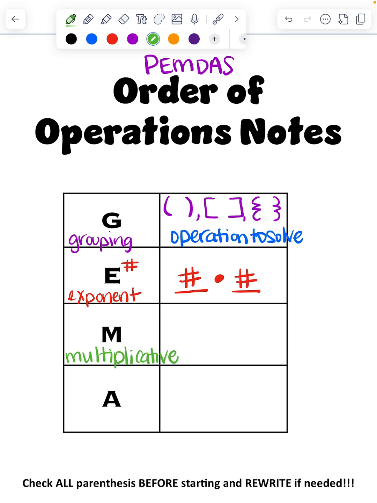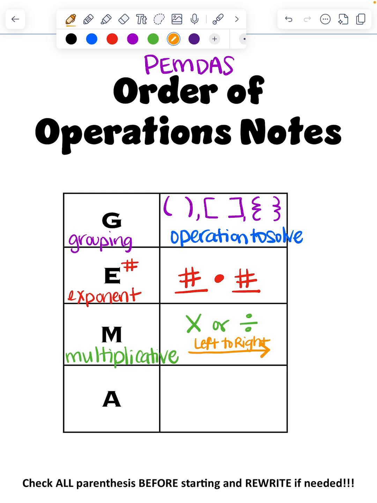In this section, we move from left to right. It doesn't matter what order it's in, we move from left to right as long as it's multiplicative.